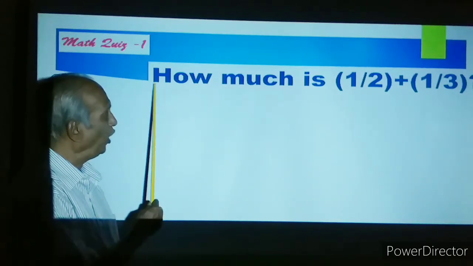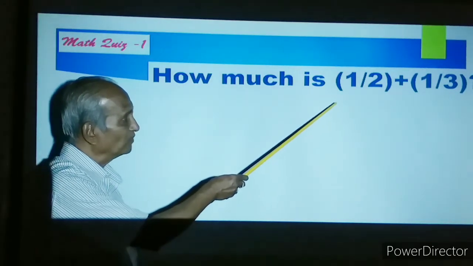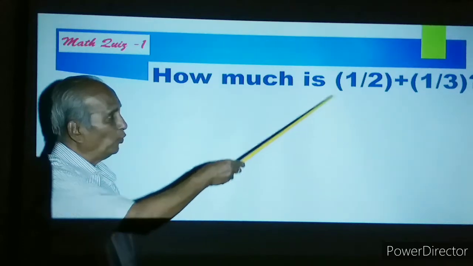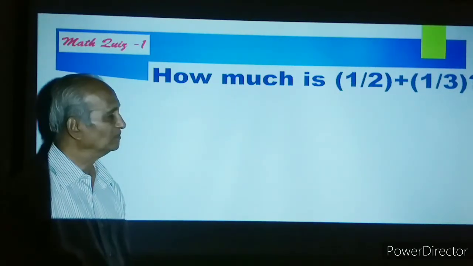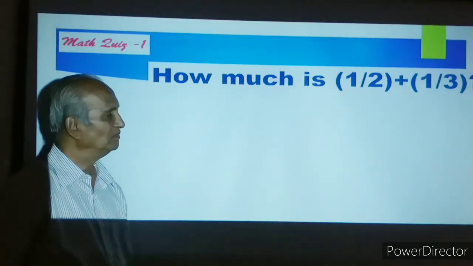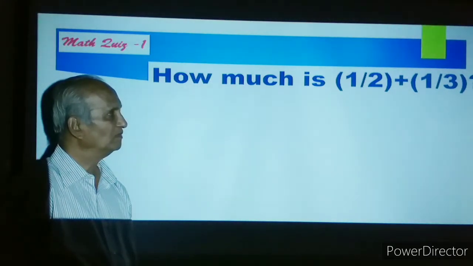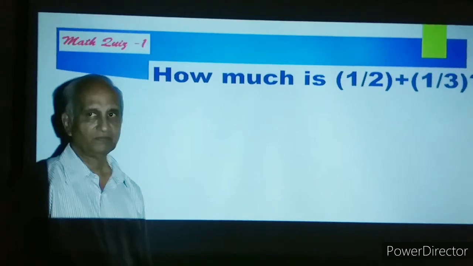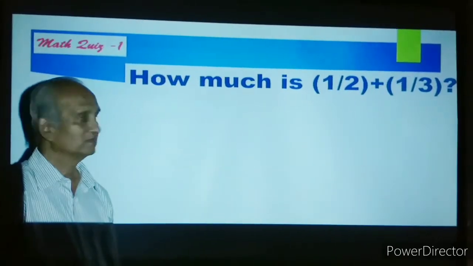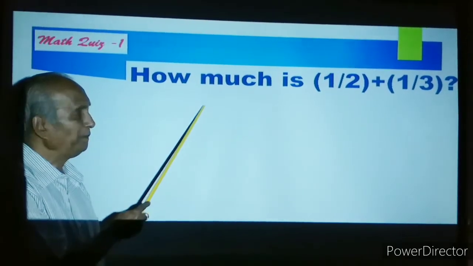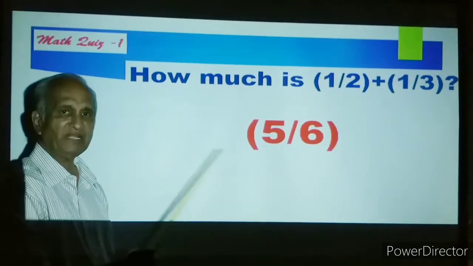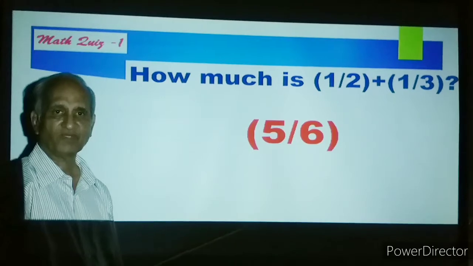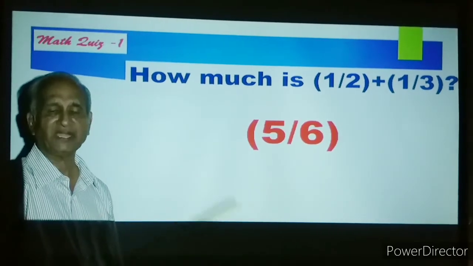Next question, how much is half plus 1 by 3? 1 by 2 plus 1 by 3. How much is it? You have to make the denominators common, without which you will not be able to add.